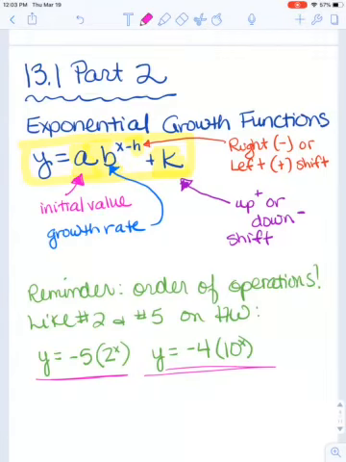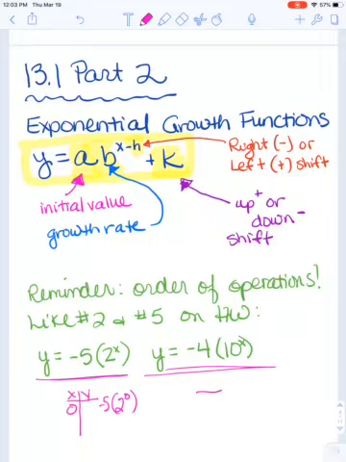Okay, and then also one other quick reminder: order of operations. Again, if we were plugging in and making an XY chart, if I'm going to plug in 0, I would want to do 2 to the 0 first, then multiply my answer by -5.